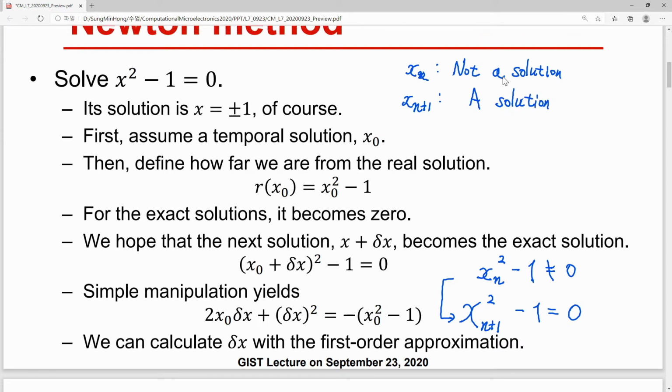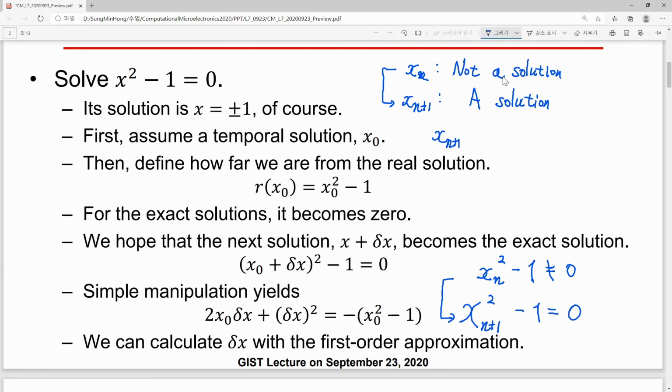So from this xn, how can we find out xn plus 1? In order to do that, we introduce a certain relation. We have xn, and by adding a certain correction of x, then we will get the n plus 1.